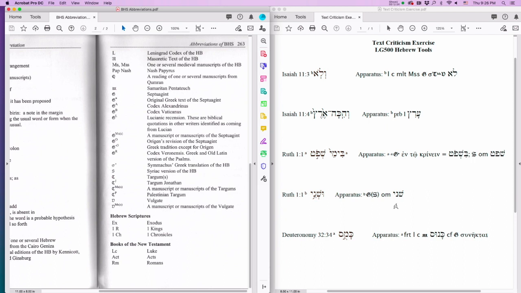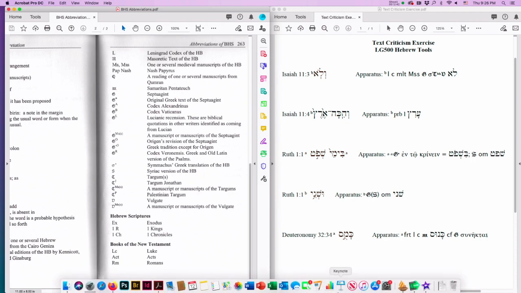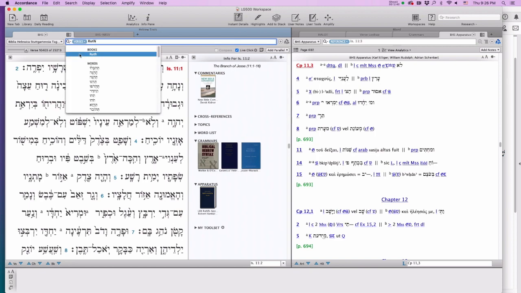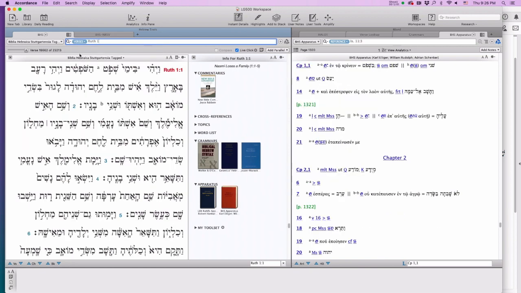There's another note in Ruth, and you can look at these yourself in a concordance, and in fact, let's pull that up. So we'll look at Ruth 1. Okay, so it talks about a man who went from Bethlehem of Judah to sojourn in the fields of Moab, he and his wife.